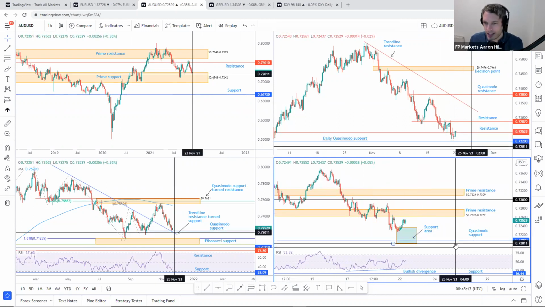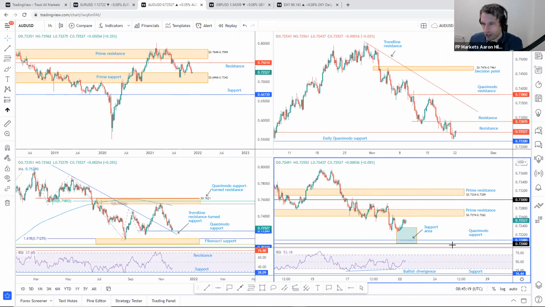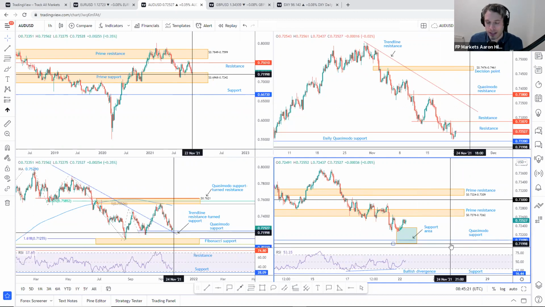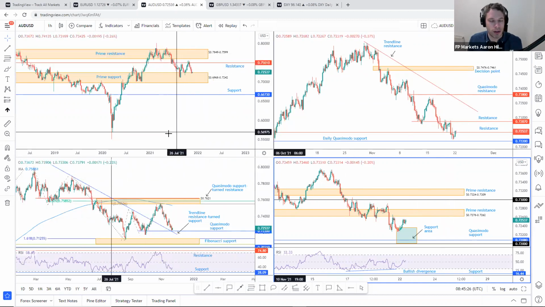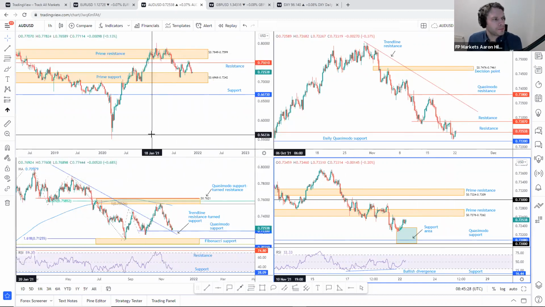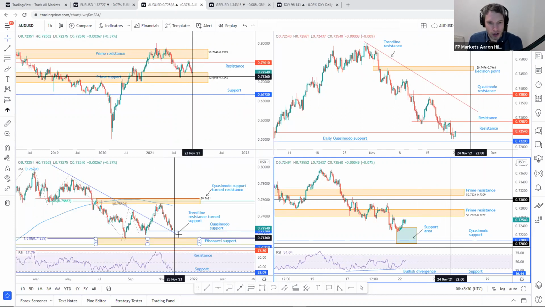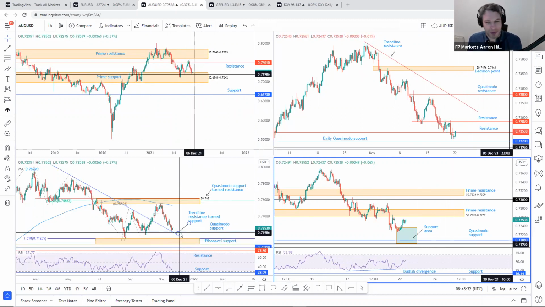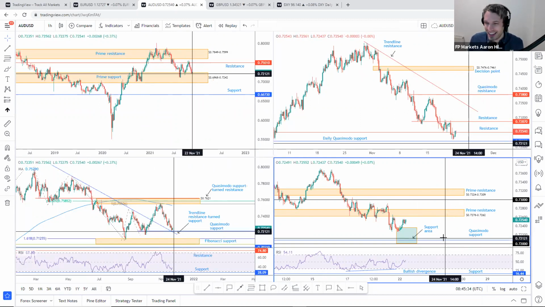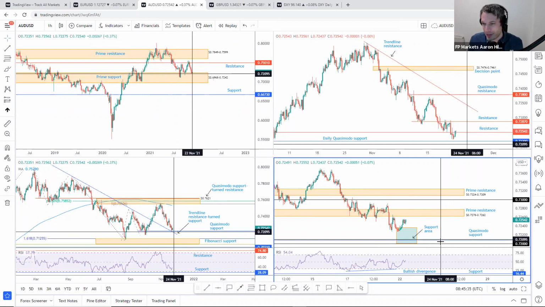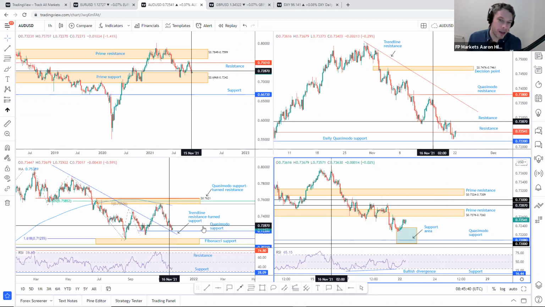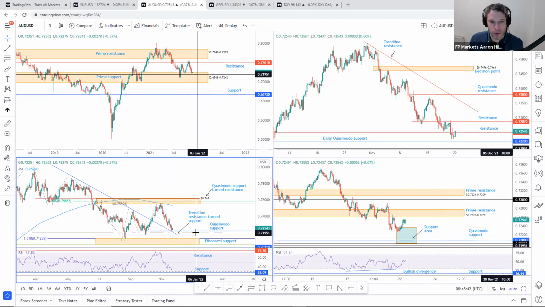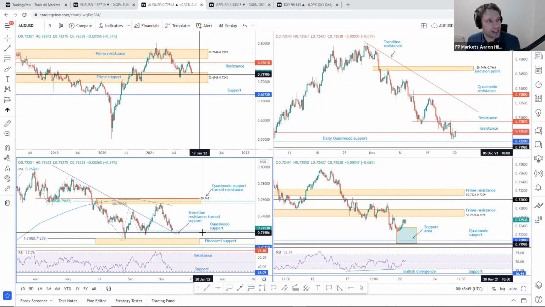So look, as I said, adding the Quasimodo support at 72.08 and the round number at 72 on the H1 time frame to the Quasimodo support formed on the daily scale at 72.20.